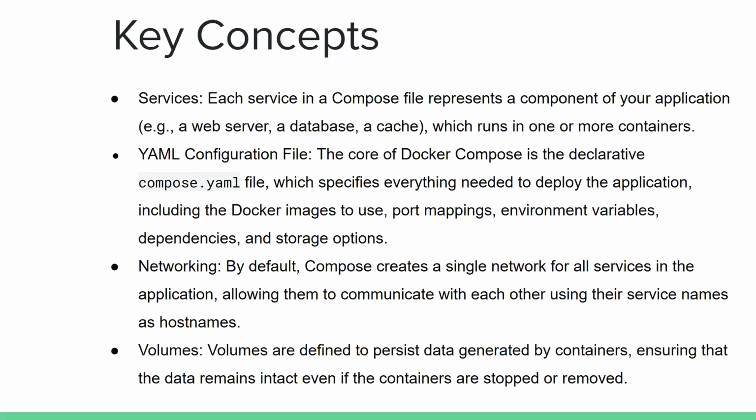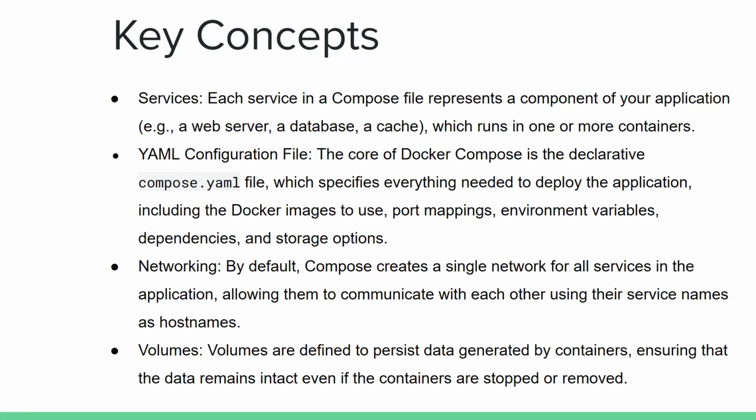With the YAML configuration file, that is the next concept, the core of Docker Compose. It is a declarative file which specifies everything needed to deploy the application, including the Docker images and the port mappings that we did previously with -p, where we mapped which external port should be mapped to which internal port. We are going to do the same things here as well.